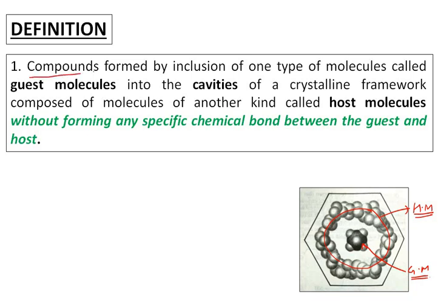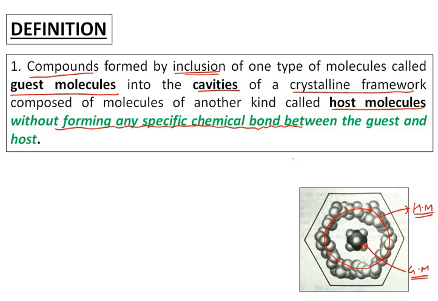So these are compounds formed by inclusion of one type of molecule, called the guest molecule, into the cavities of a crystalline framework of another kind of molecule, called the host molecule, without forming any specific chemical bond. Any specific chemical bond means like a covalent bond. So here no covalent bond forms between the host molecule and the guest molecule.